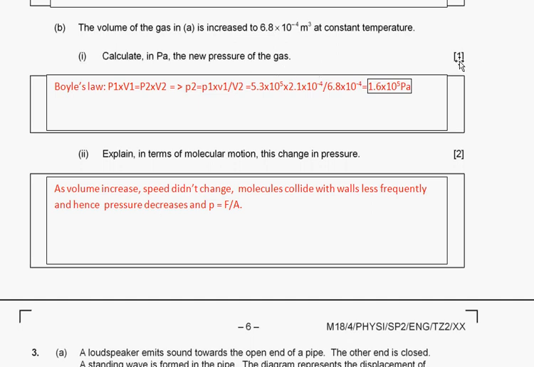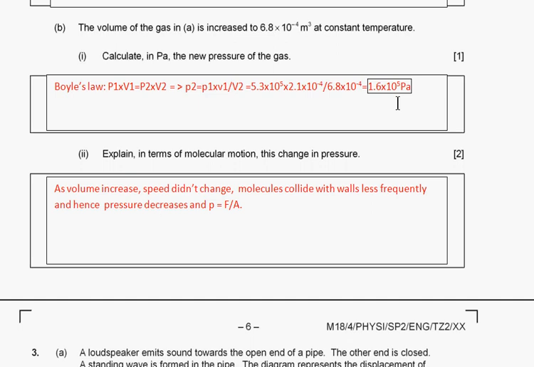1 point. Boyle's law, product of pressure and volume, doesn't change. So this means that case 1 equals case 2. Pressure in case 2 changed, and it is so much. So what happens to pressure?